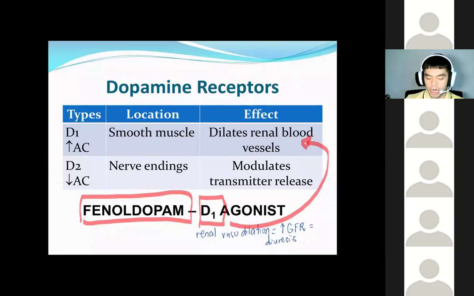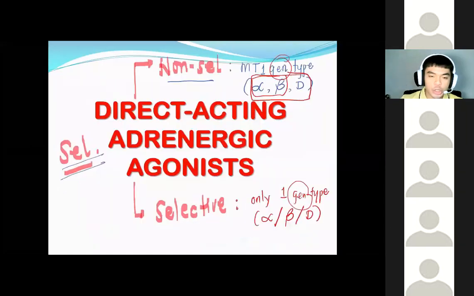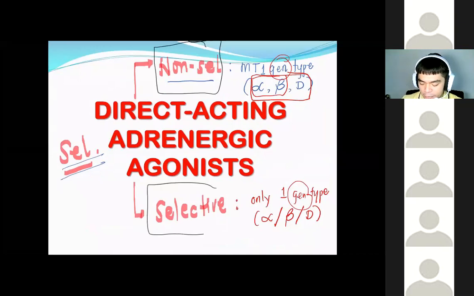Okay, so these are the selective direct-acting mimetics. So you won't get confused, let's review briefly. Going back to direct-acting mimetics, we only have two classes. Number one are the non-selective agents and then the selective ones. The non-selective ones are just NED: norepinephrine, epinephrine, and dopamine. For the selective agents, go through them one by one.